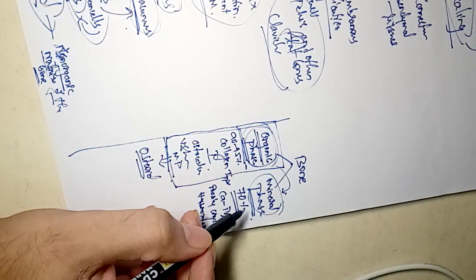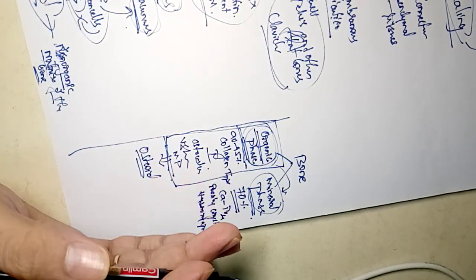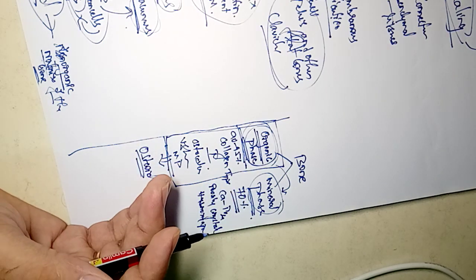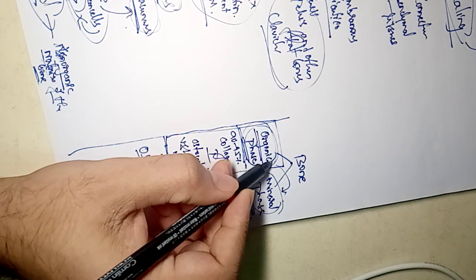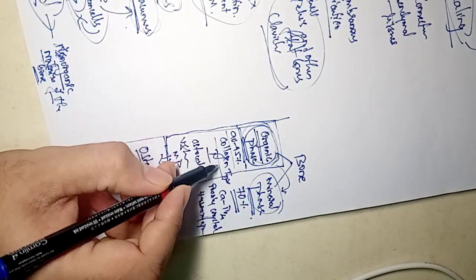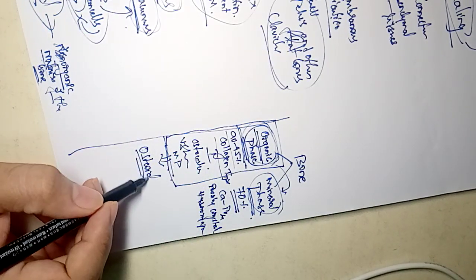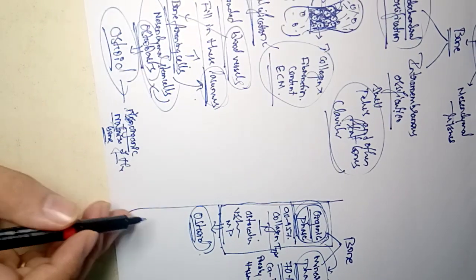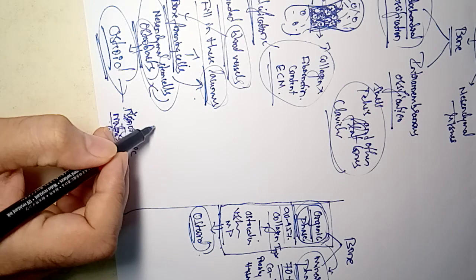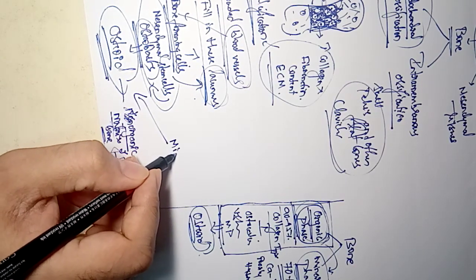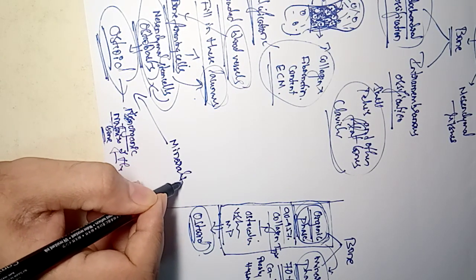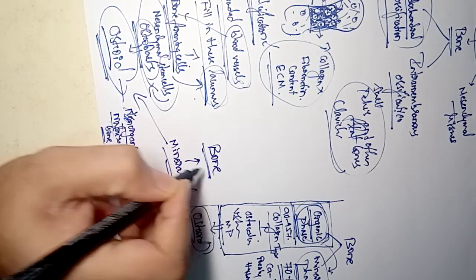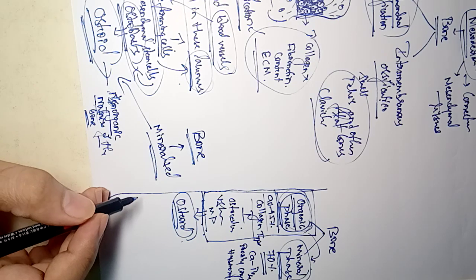So the unmineralized part, which is going to mineralize, that organic phase made up mostly of collagen, is called osteoid. So this formed osteoid will eventually get mineralized to form bone. Okay, so this is how the endochondral ossification takes place.